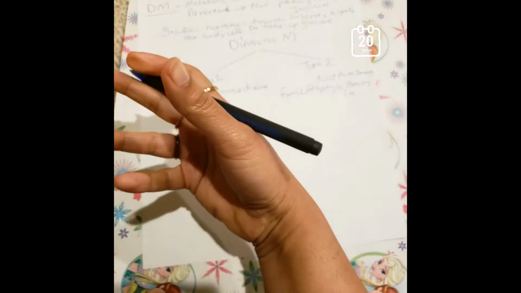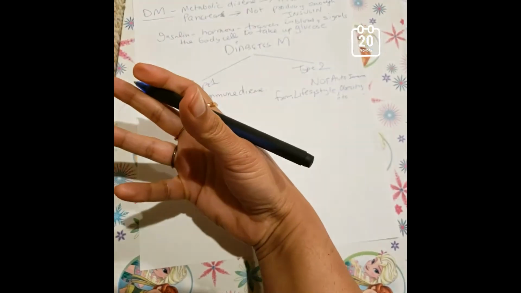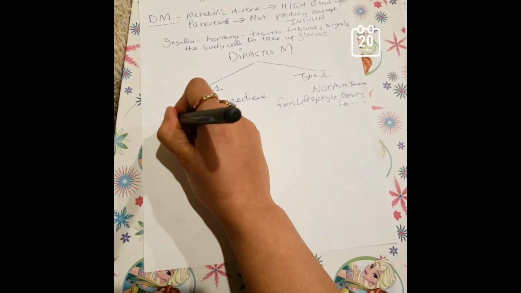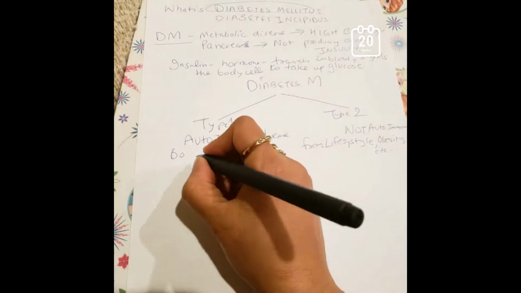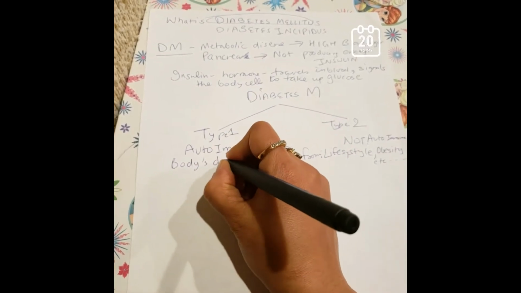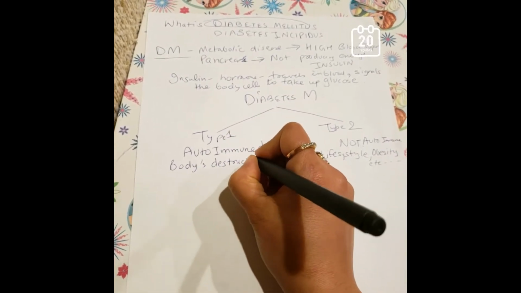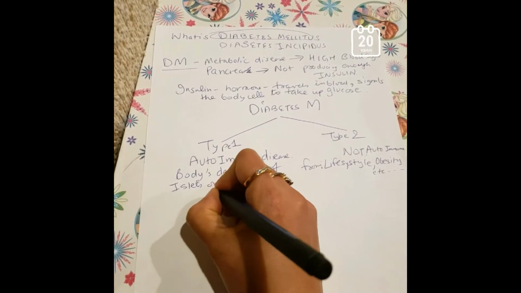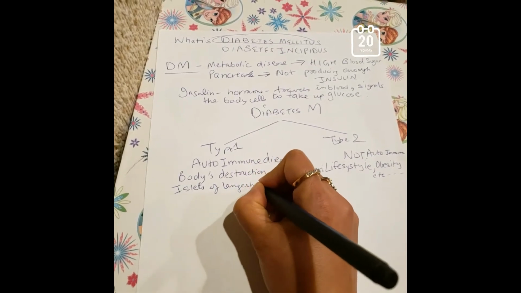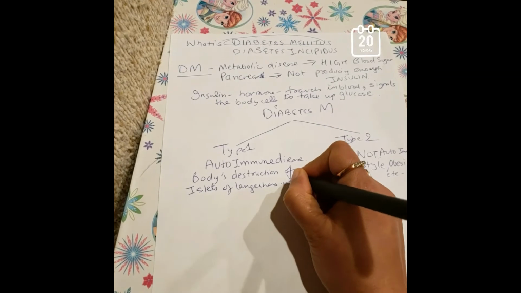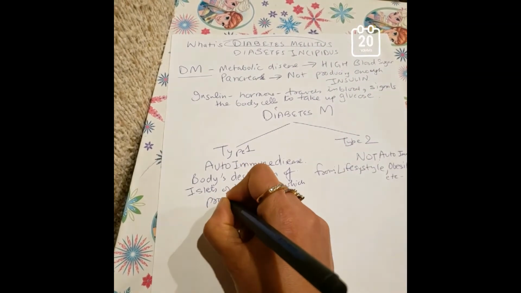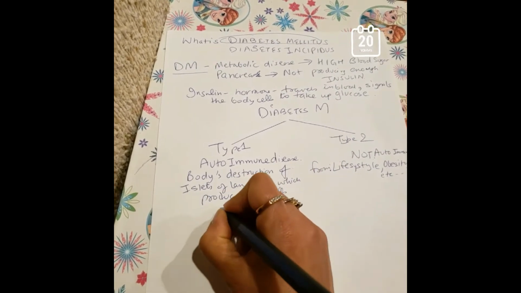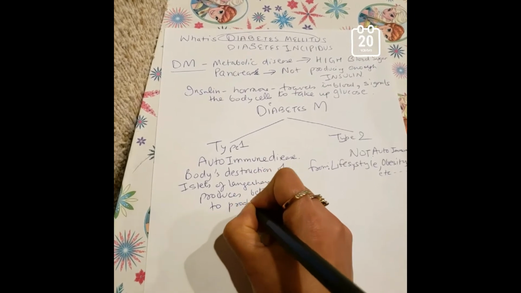So our body basically destroys the cells that produce that hormone, right? So in this case, there is destruction of the islets of Langerhans, which produce beta cells to produce insulin.